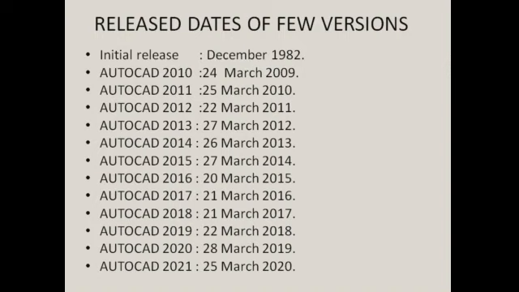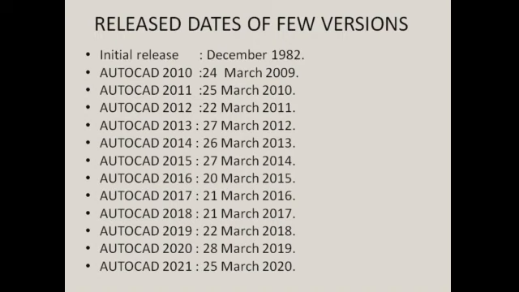Let us see what are the release versions, what are the dates, what will be the years of release. You can observe this. For initial release, it is December 1982, and from 2010, every year the AutoCAD software has been released.